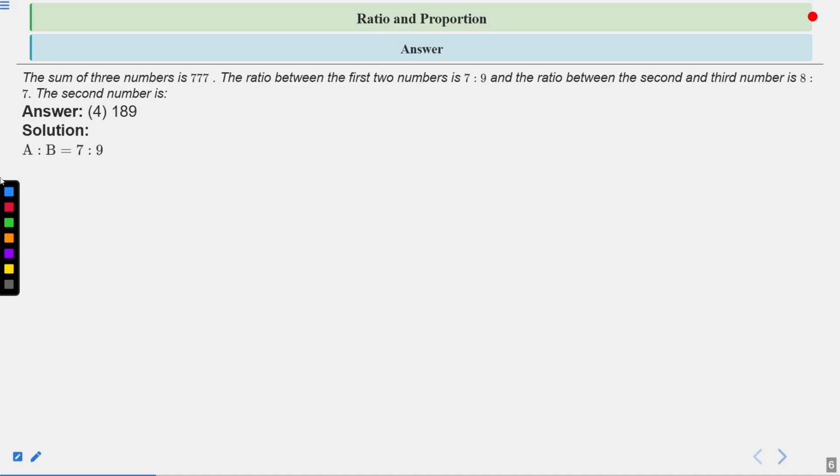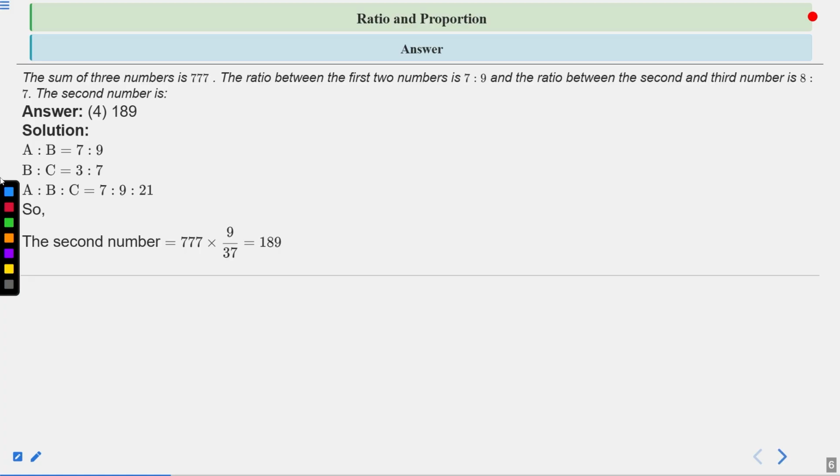So A ratio B is given, which is 7:9. B ratio C is given as 8:7. So we can say that A:B:C becomes 7:9:21. When we add up all these ratio values, 21 plus 9 becomes 30, plus 7, 37.